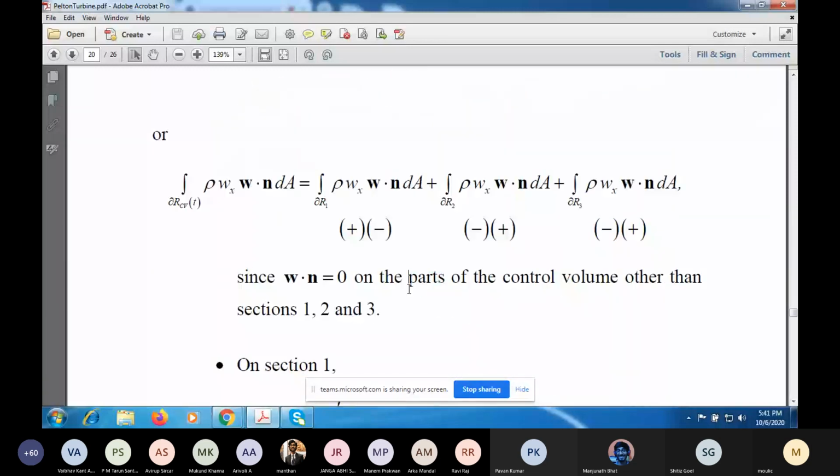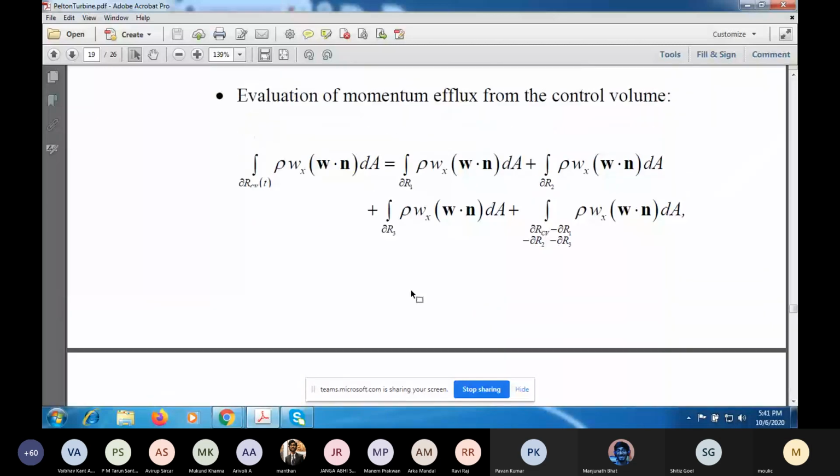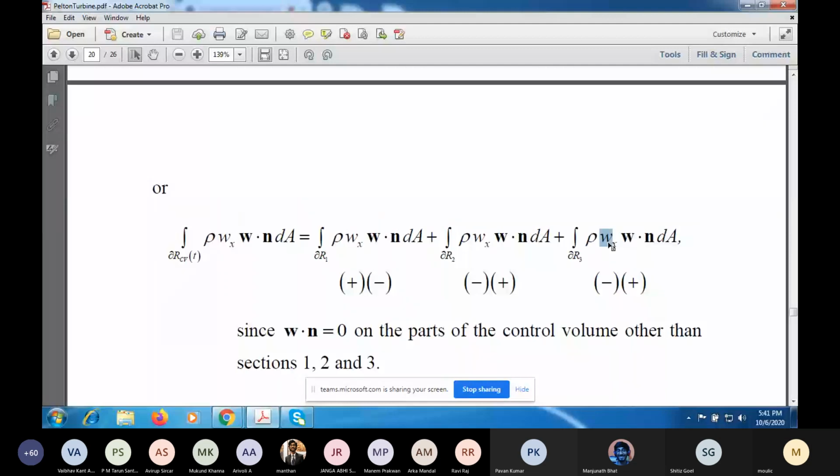Those are stream surfaces, relative stream surfaces, so the normal component of the relative velocity is 0. So this integral representing the momentum efflux has 3 main contributors: the quantity integrated over R1, over R2, and over R3.